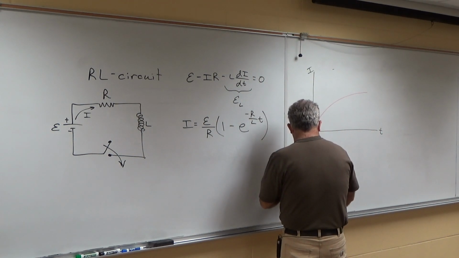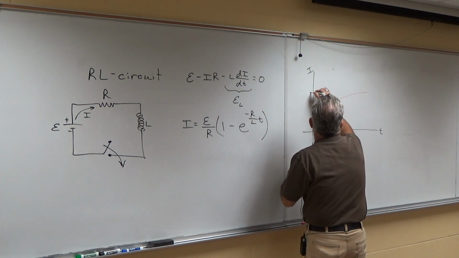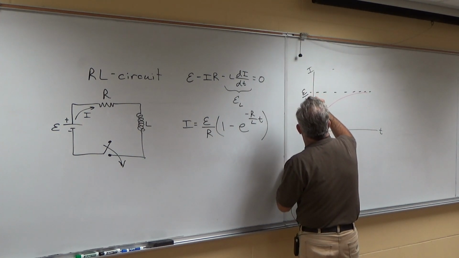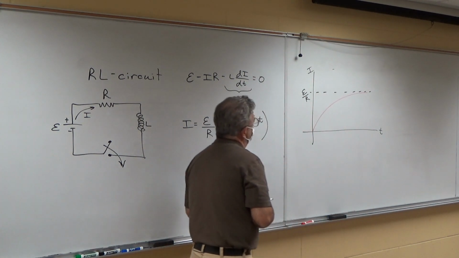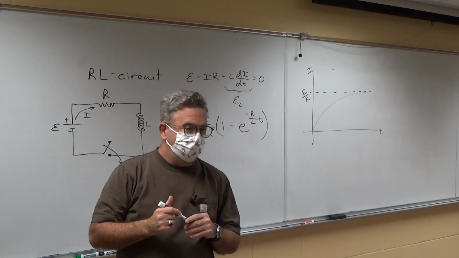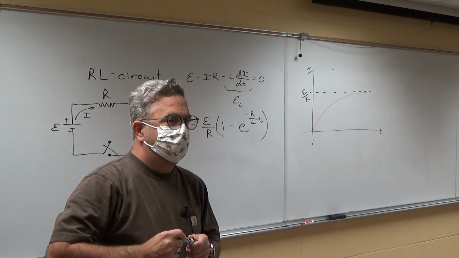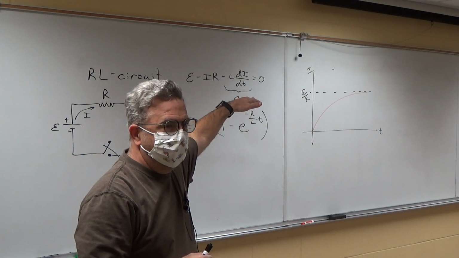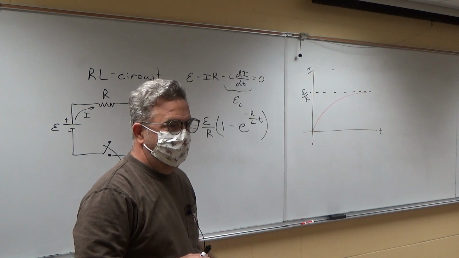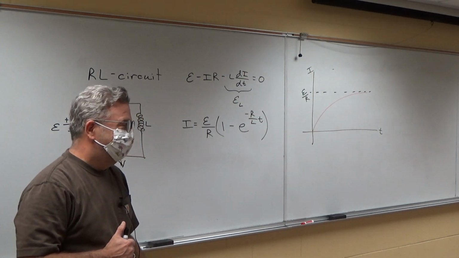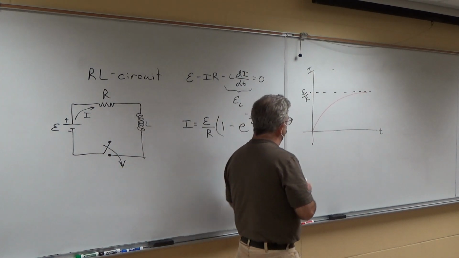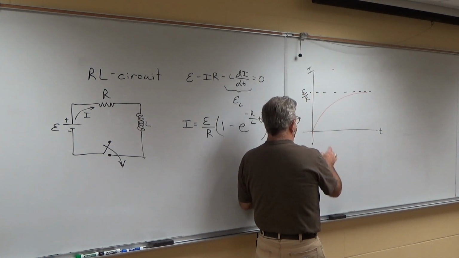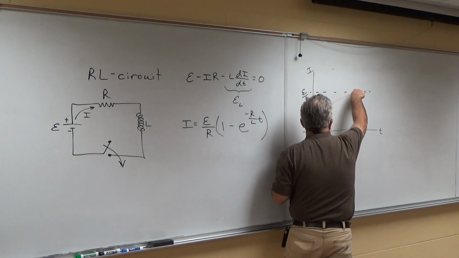And it approaches E over R. It has an asymptote at E over R. For the mathematicians, it never actually reaches E over R, no, it does. So this is what the current looks like. At t equals 0, it's 0. You're closing that switch, and the current builds up, builds up.